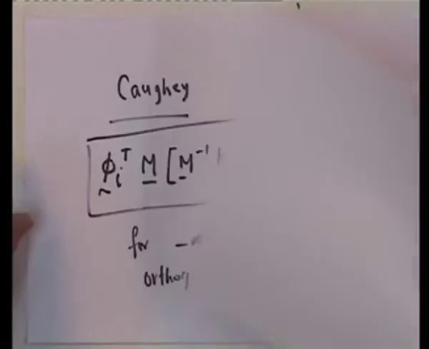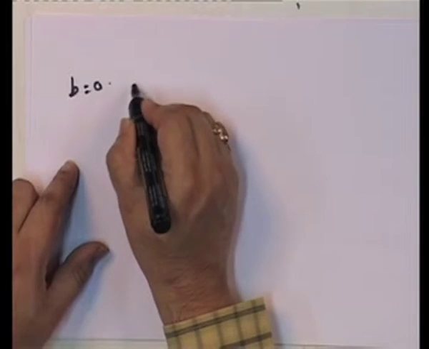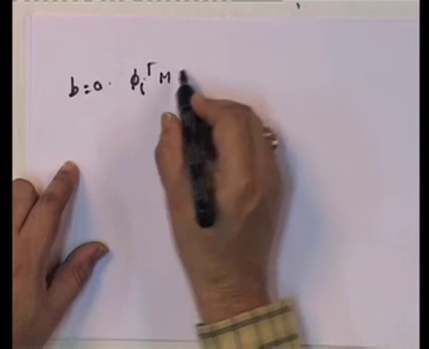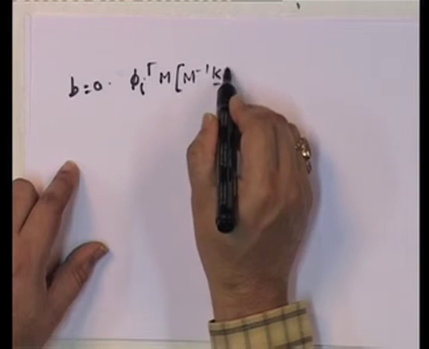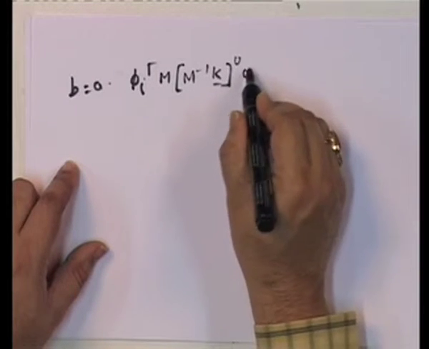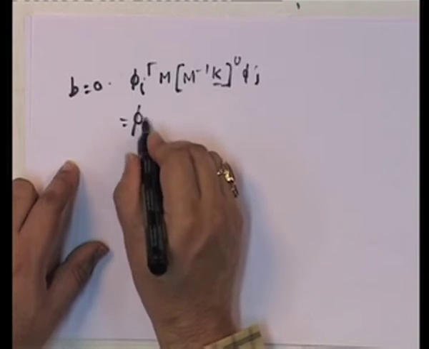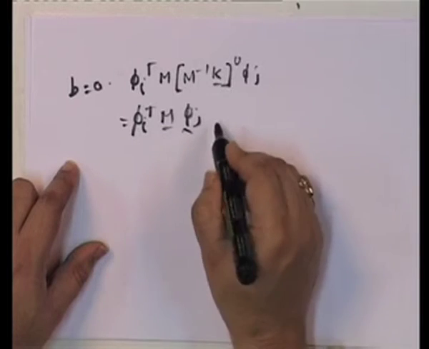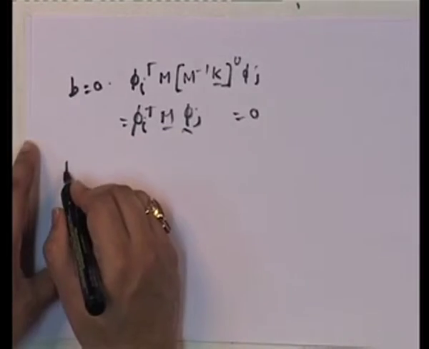So, b equal to 0 gives phi I transpose M phi j, which we know is 0.